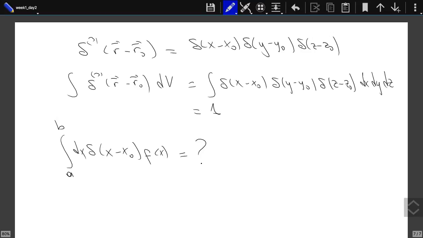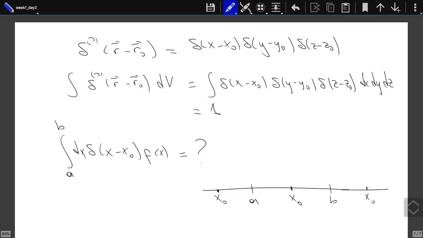Now, let's consider some cases. Let's say this is the point a, this is the point b. Now, x0 can be somewhere over here, or somewhere over here, or somewhere over here. We have to specify 3 different cases.